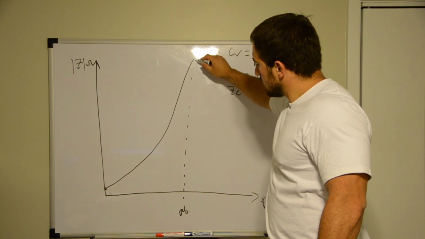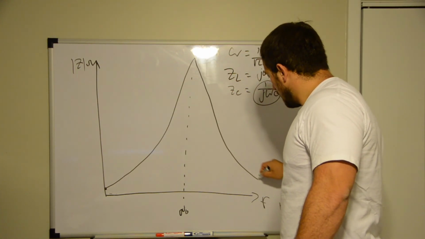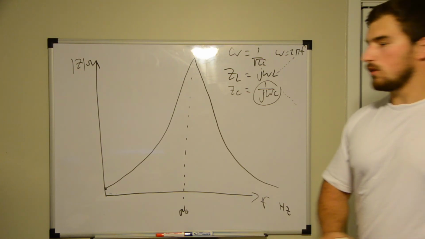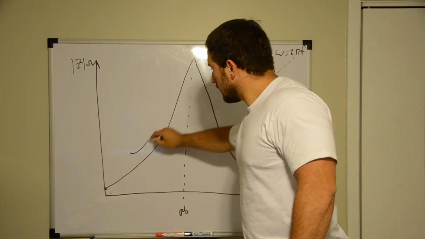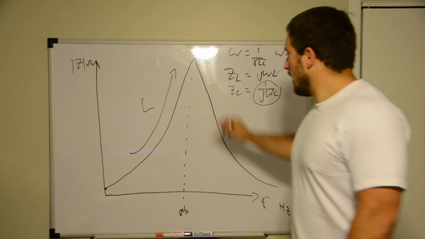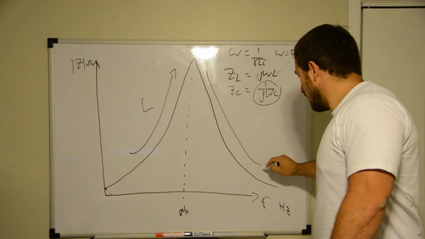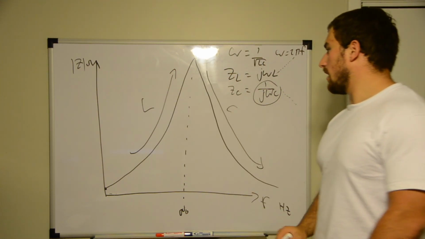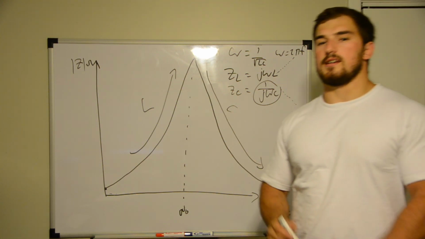So it begins going down. And this is the graph of the inductor where we see the inductance up till it hits the resonance frequency, and it begins acting like a capacitor at frequencies above where it resonates.